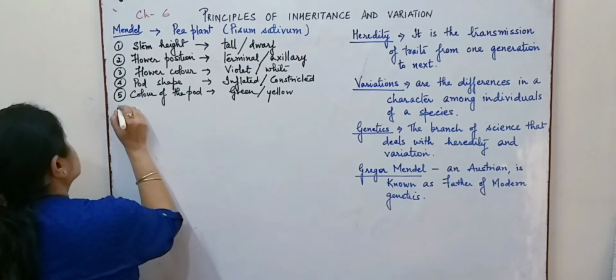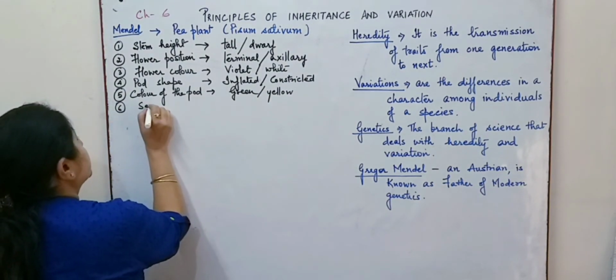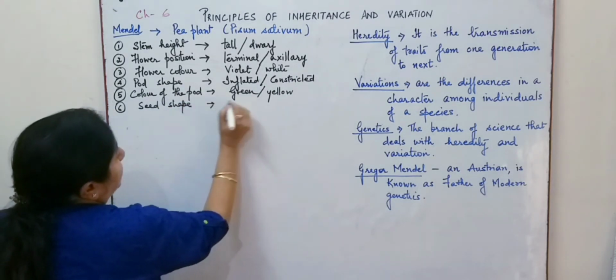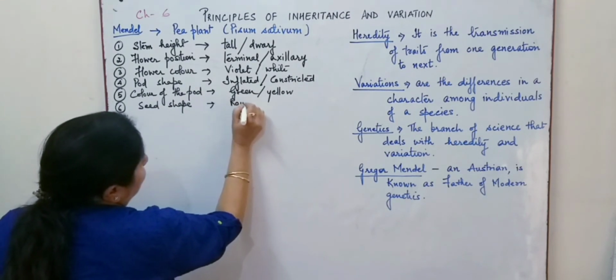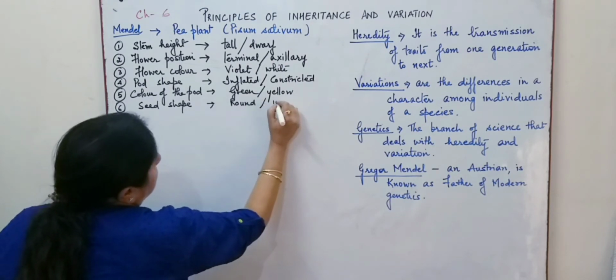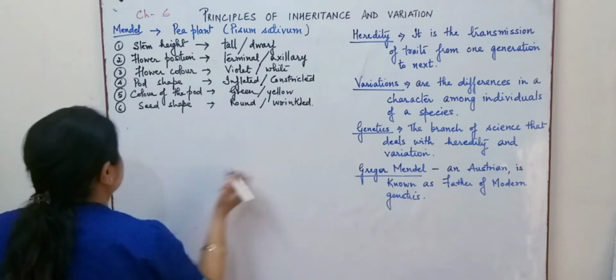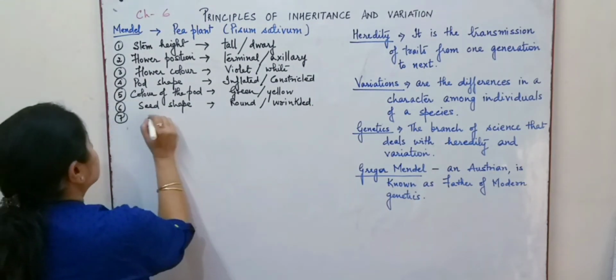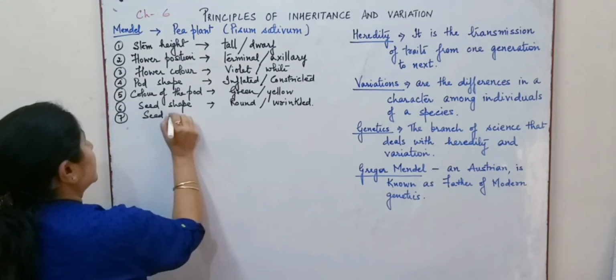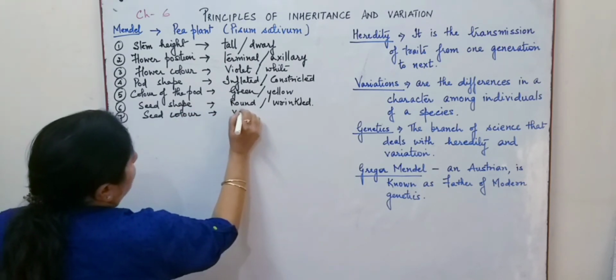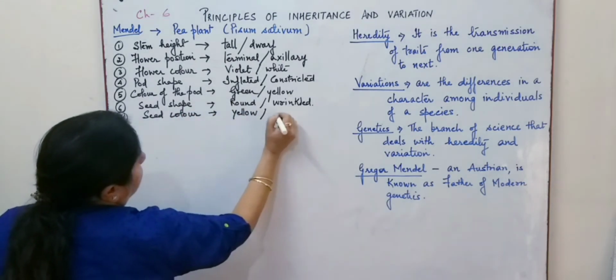Again, the seed shape, whether it was round or wrinkled. And the seed color, that is yellow or green.